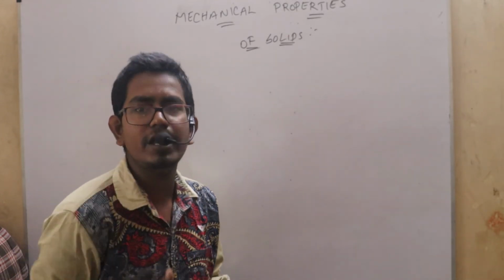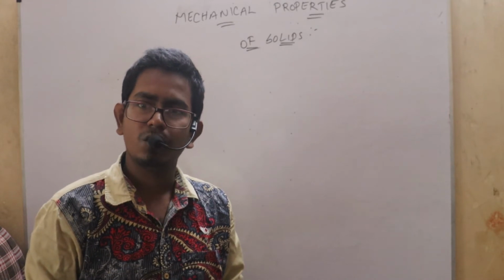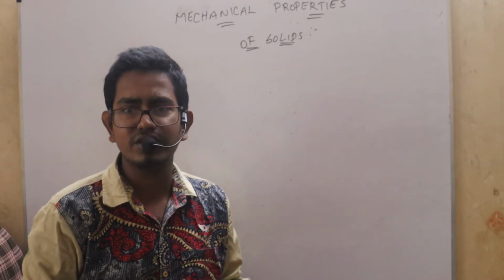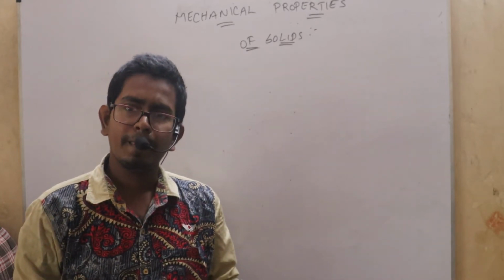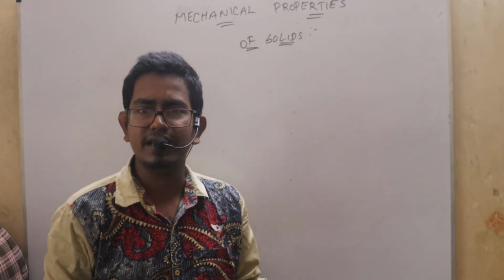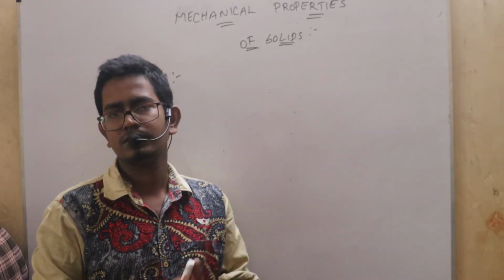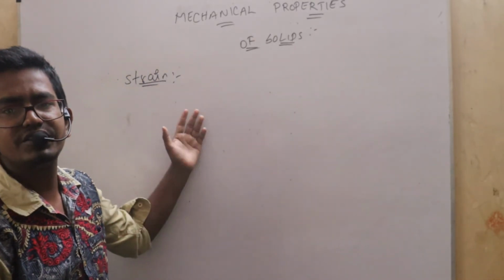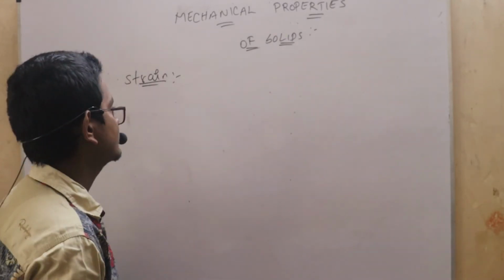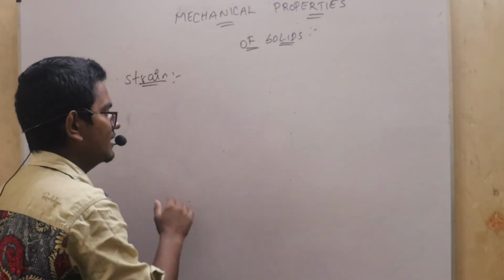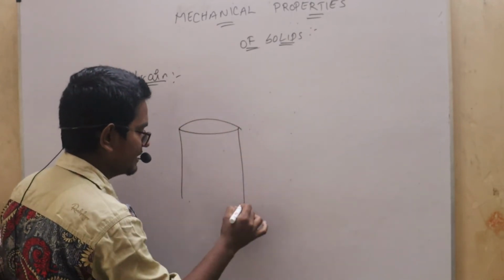If I am changing the shape by applying the deforming force, it will be known as tangential stress or shearing stress, in which you will see the relative displacement. The relative displacement upon its original length will be known as shearing strain, the third type of strain which I am going to take right now. You can see here, I have taken the cylinder, the same example as in the previous class.